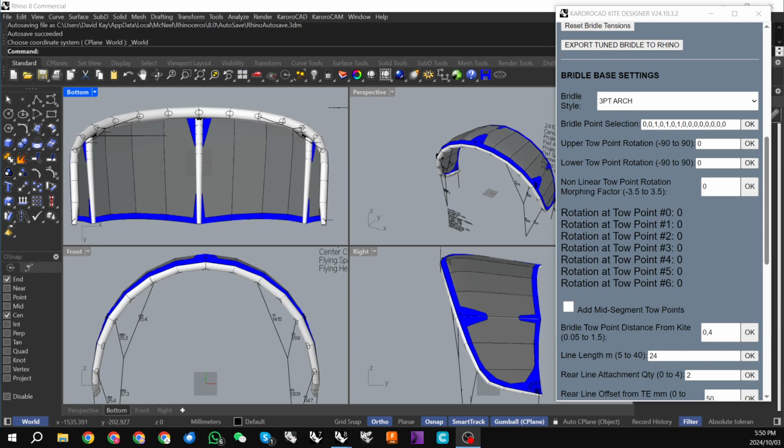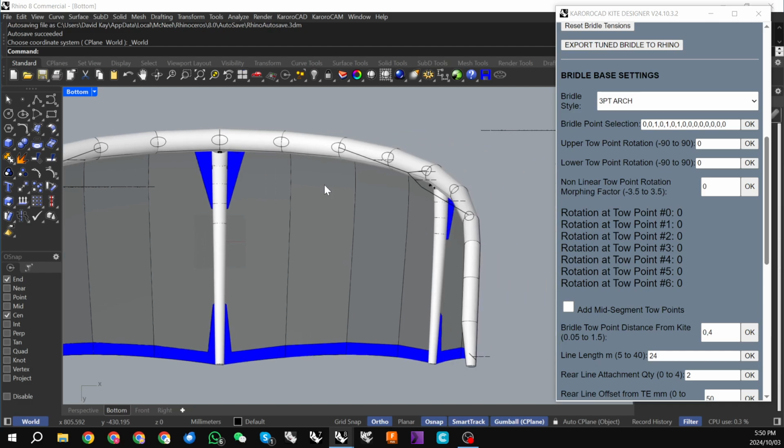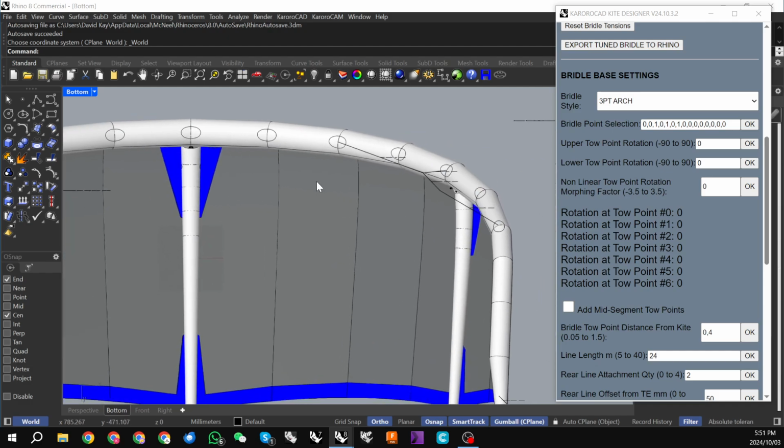Today I'm going to be taking you through a new toe point rotation tool available in the latest release of KaroroCAD. So by default, up until this point, KaroroCAD has added bridle tow points at every intersegment seam, and the actual point on that seam has been by default the closest point to the control bar at a 0 angle of attack.